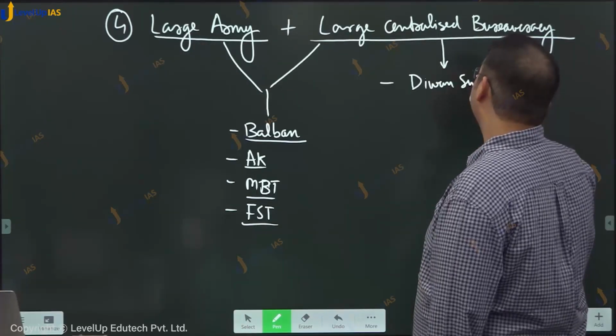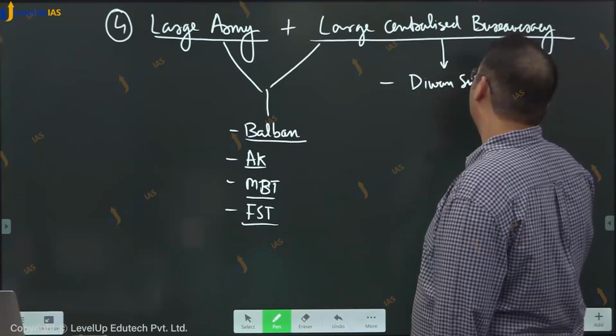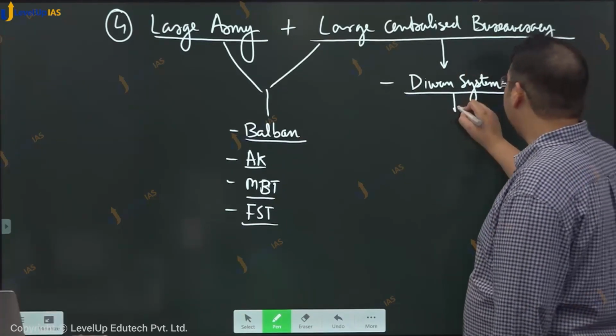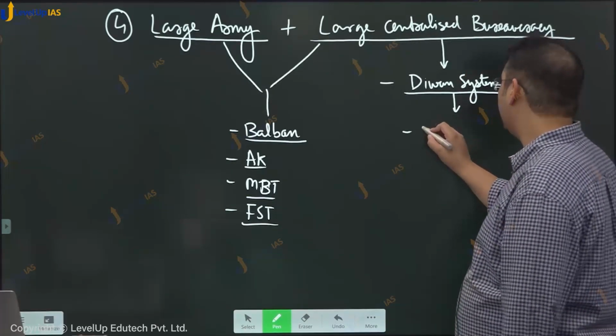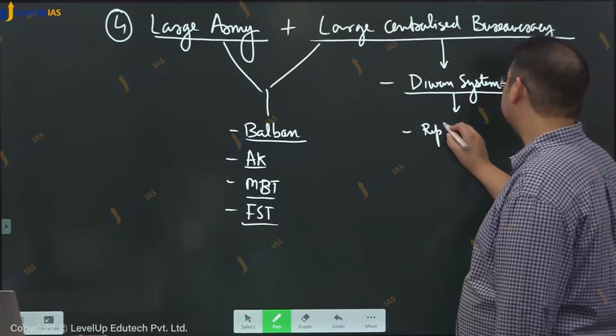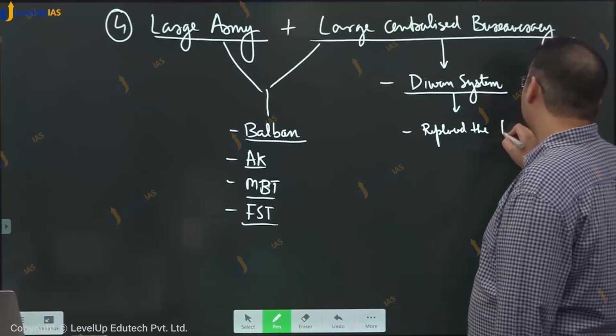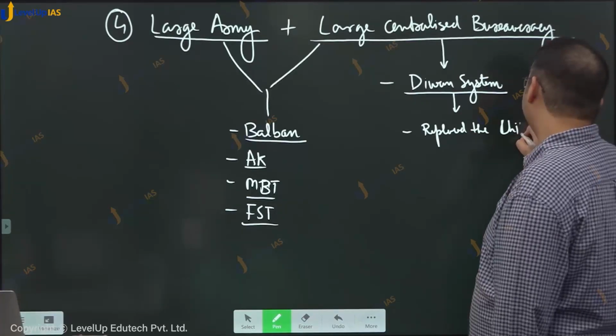The centralized bureaucracy functioned through the new system of portfolio administration or Diwan system, which had been introduced by eliminating the Turkane Chihelgani.